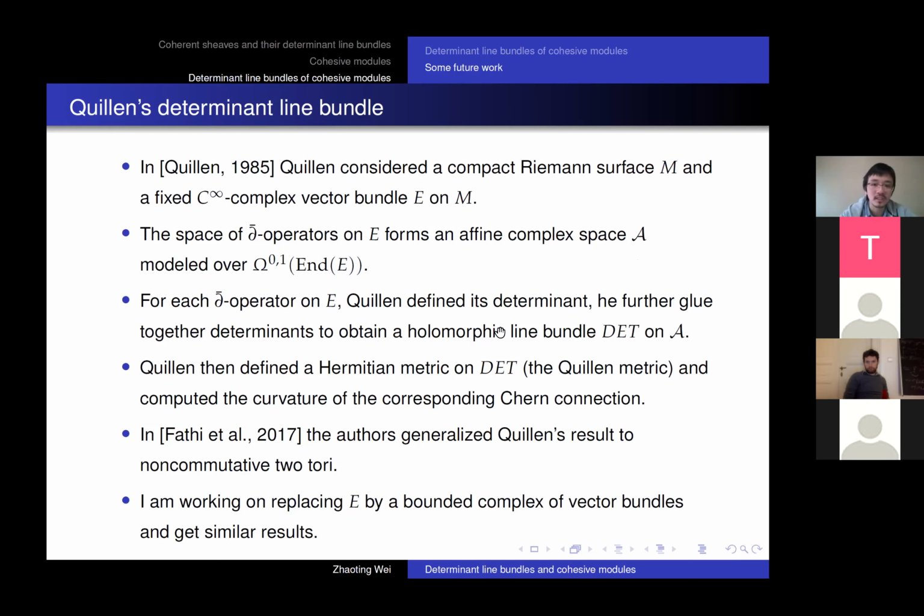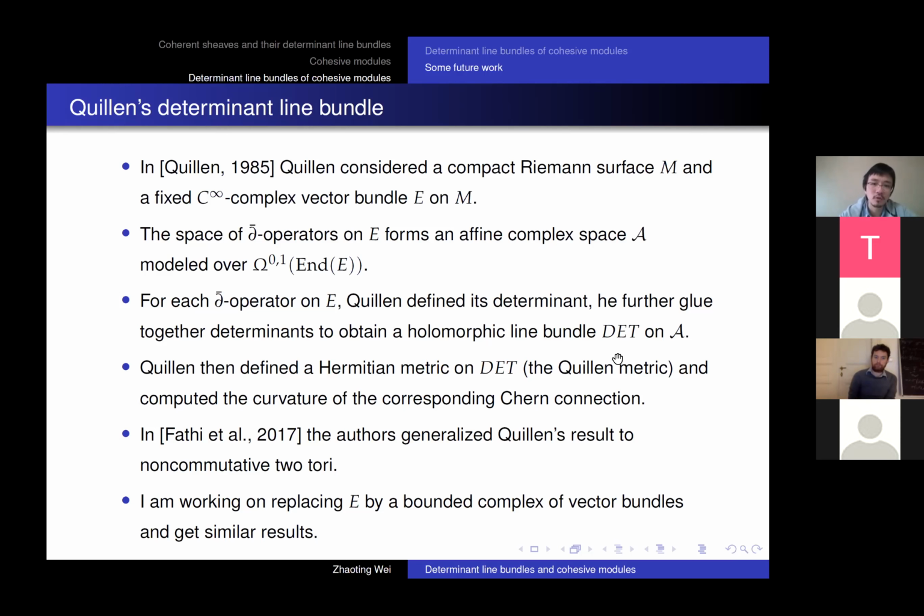And he showed that this line bundle is holomorphic, and he defined a Hermitian metric on this line bundle, the Quillen metric, and he computed the curvature. He also constructed a non-trivial holomorphic section of this line bundle, which has a lot of consequences in geometry and even in physics.